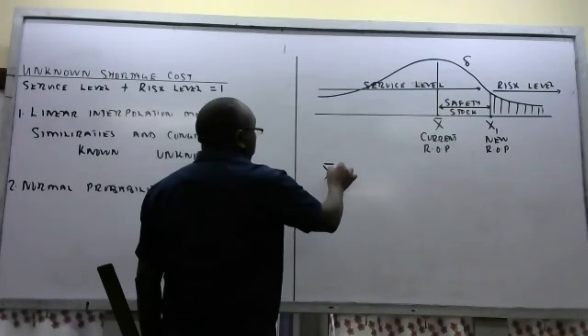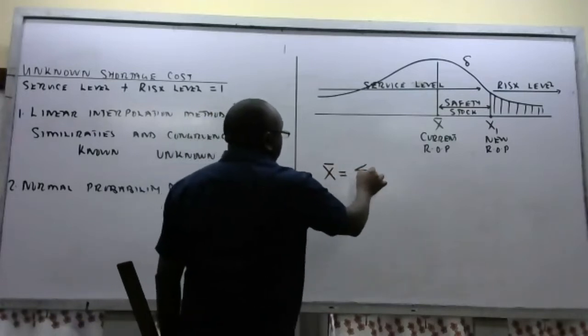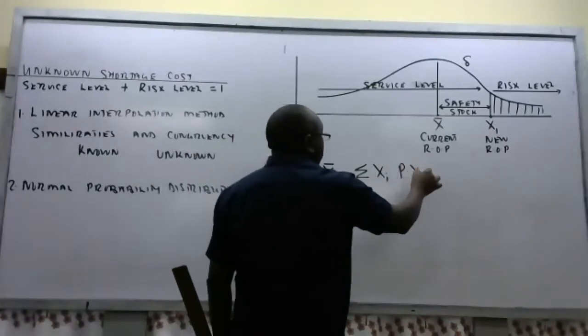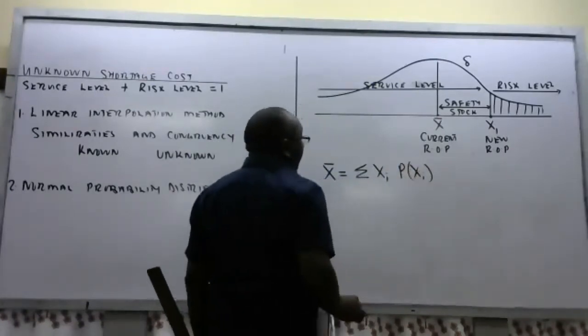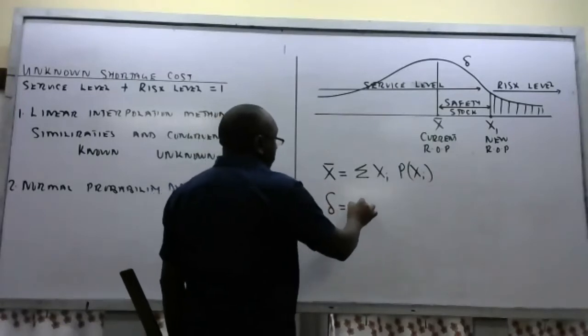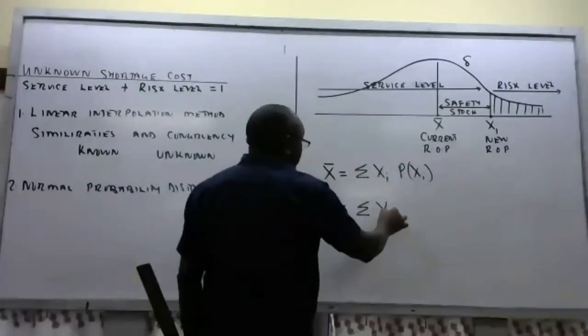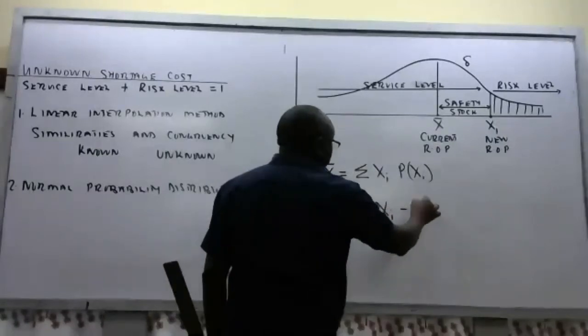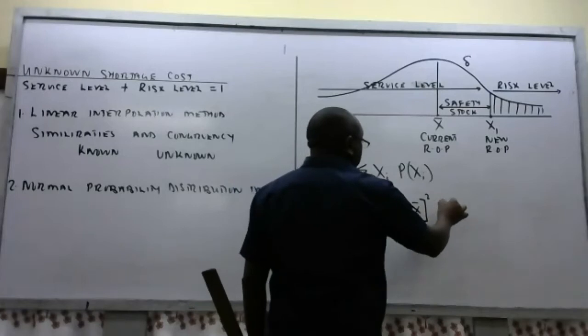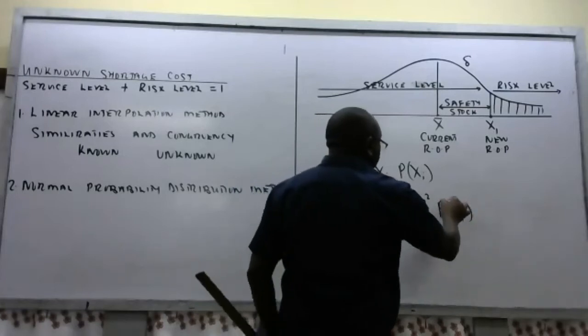Then we should remember very well that X bar is Xi multiplied by probability of Xi. Standard deviation is the square root of the sum of Xi minus X bar, squared, multiplied by probability of Xi.